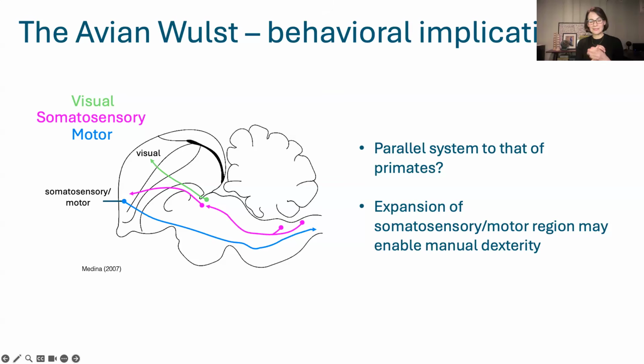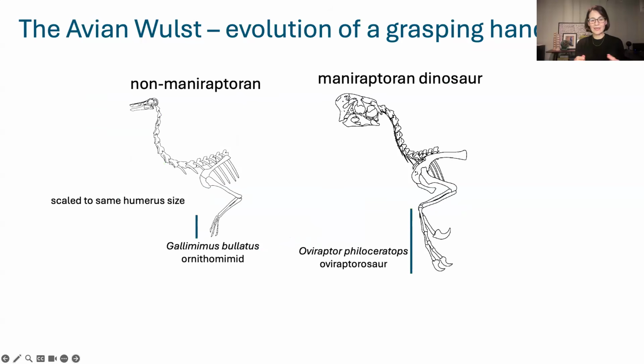And so we see these same types of pathways that have convergently evolved within birds and potentially some of these non-avian dinosaurs. Actually, we shouldn't be surprised to see this expanded somatosensory and motor cortex within these Maniraptoran dinosaurs, because it's all in the name.